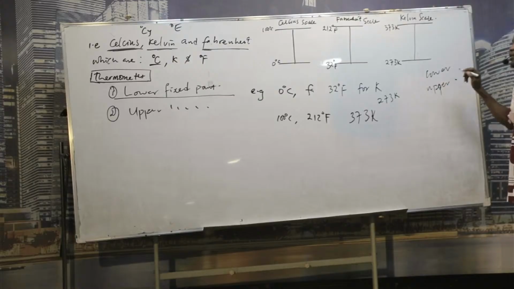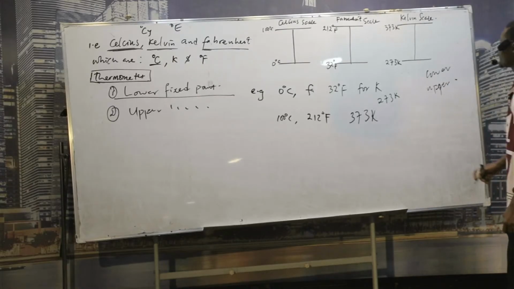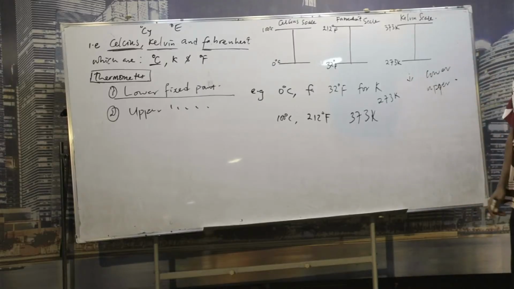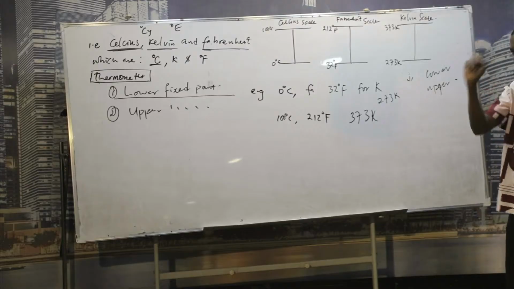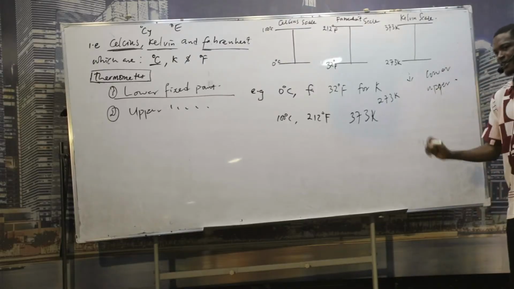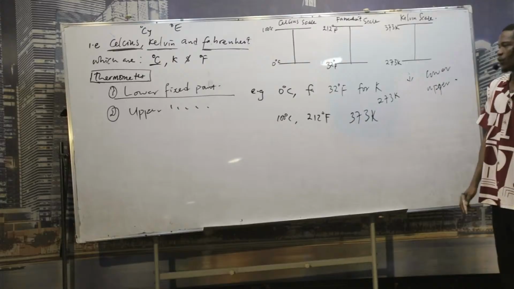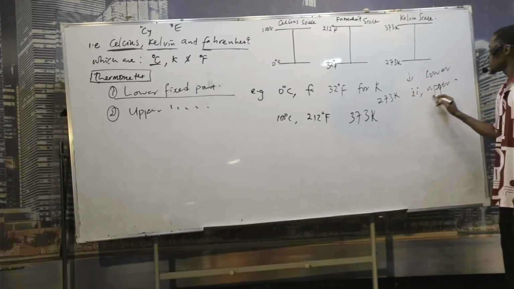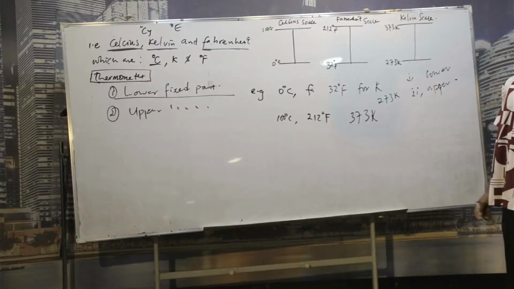For those of you that are going to write WAEC, they will say, define the following. That is question 8, 2026 WAEC. Define the following: lower fixed point and upper fixed point of a thermometer.